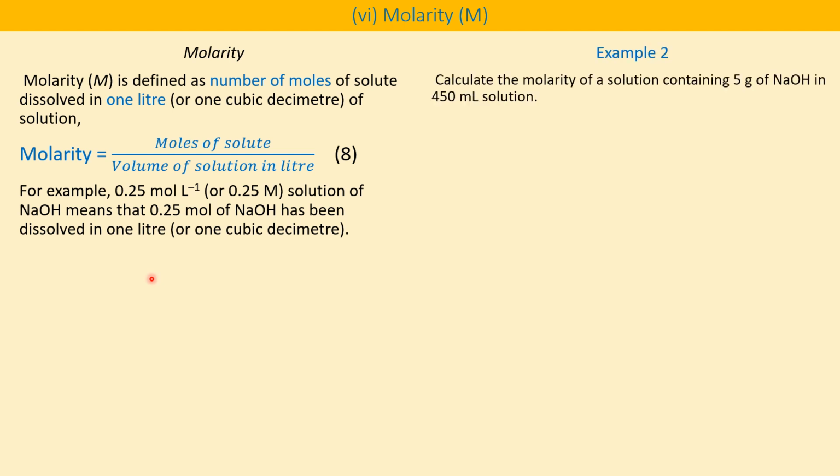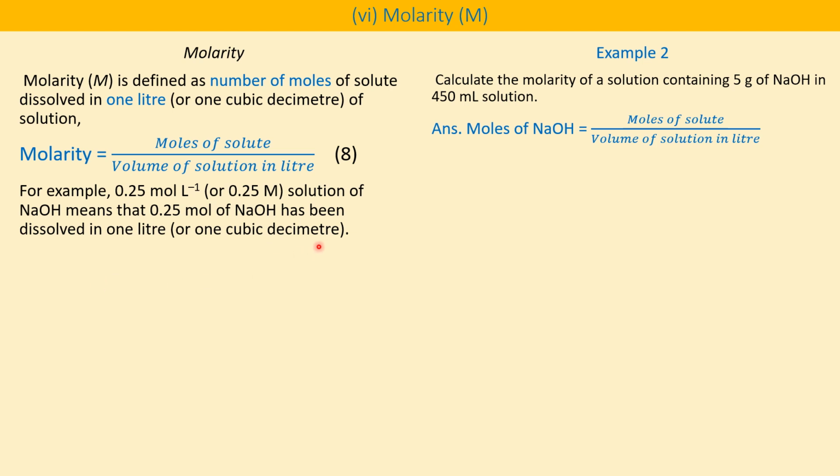Let us take an example. Let it be example 2. Calculate the molarity of a solution containing 5 grams of NaOH in 450 ml. Please note here, in molarity, the denominator is the volume of solution.